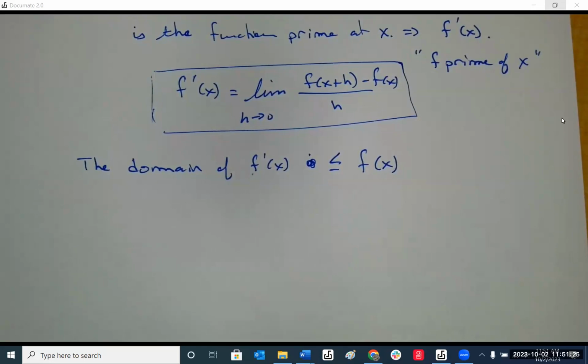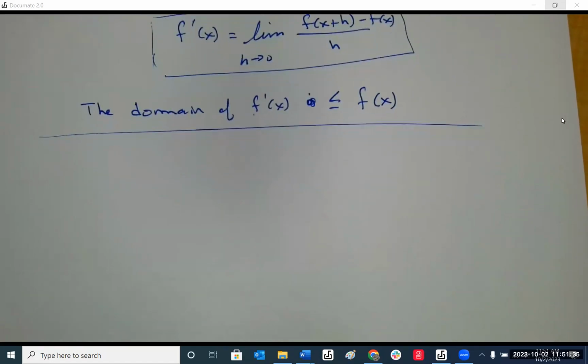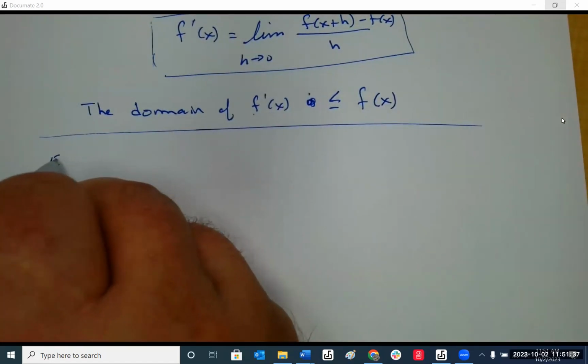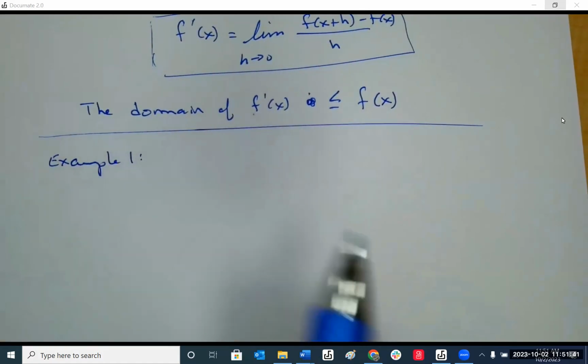Let's see. I didn't print out the example sheets here, so we're going to have to do the examples on this. Example 1.